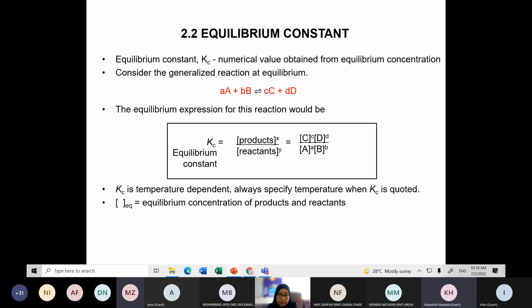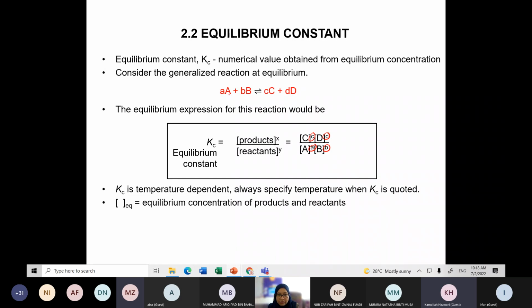Okay, let's just proceed. So see, we have C, D, A, B divided by A and B. And the good thing is that we can obtain the power from the coefficient of the balanced equation. We can directly obtain those powers from the balanced equation.